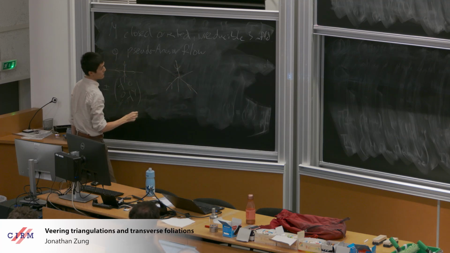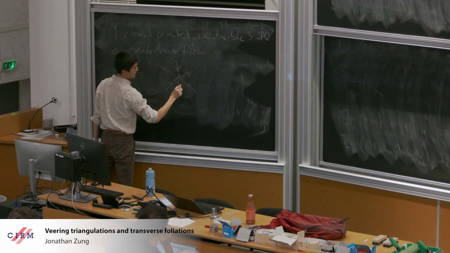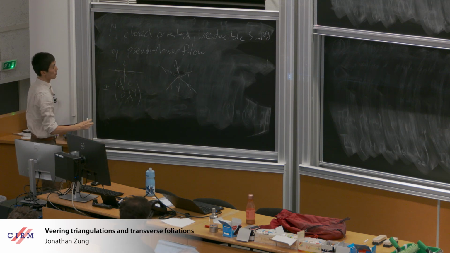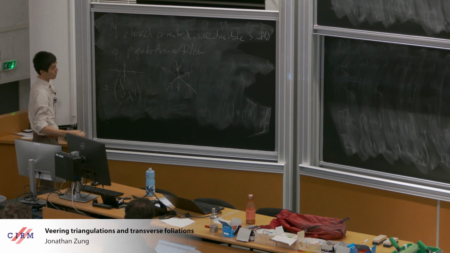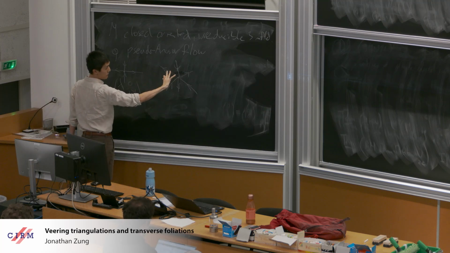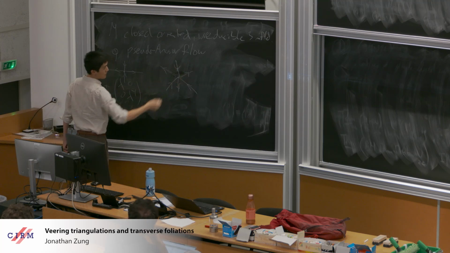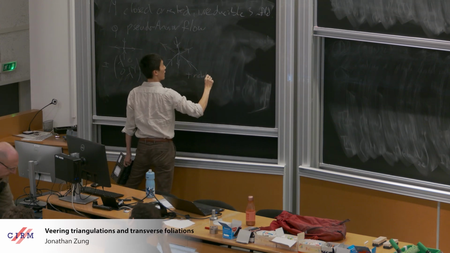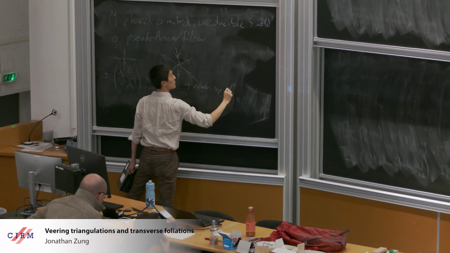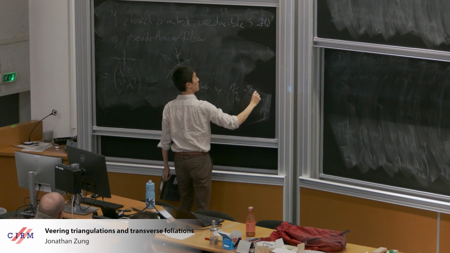You're attracting along some number of directions and repelling along some other directions. So the first return map along one of these singular orbits has this attracting, repelling dynamics, possibly plus a rotation afterwards, say by p over q times 2 pi.